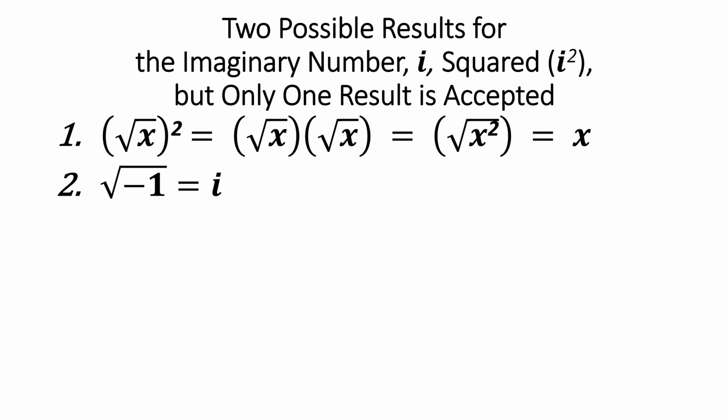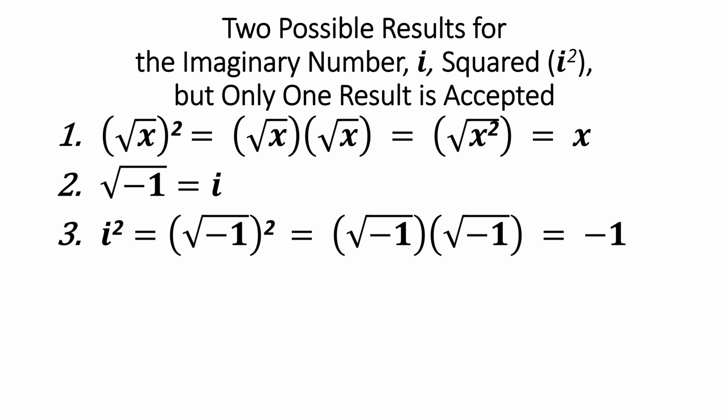Now recall that i is the square root of -1. So i squared is the square root of -1 squared, which is the square root of -1 multiplied by the square root of -1. And using the result that was shown in bullet 1, you get the number that's inside the radical symbol.